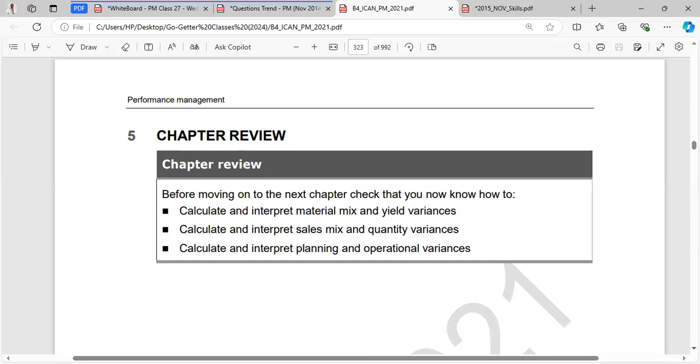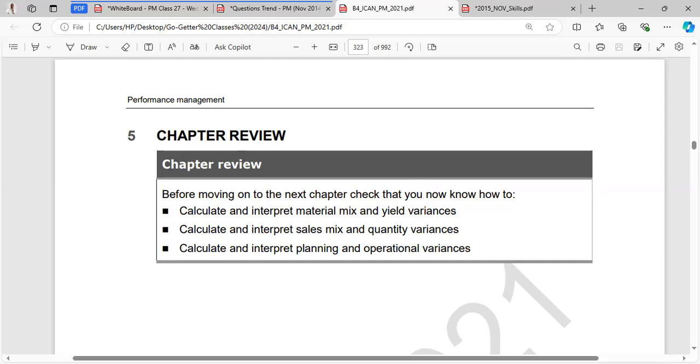The mix and yield is for material usage. Then the mix and quantity variance is for sales volume. Then we looked at planning and operational variances. And we broke down the volume variance. Apart from mix and quantity, we broke it down to market size and market share.